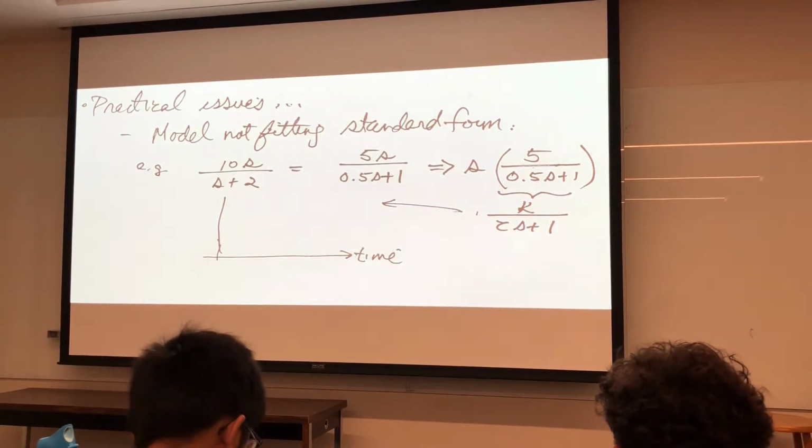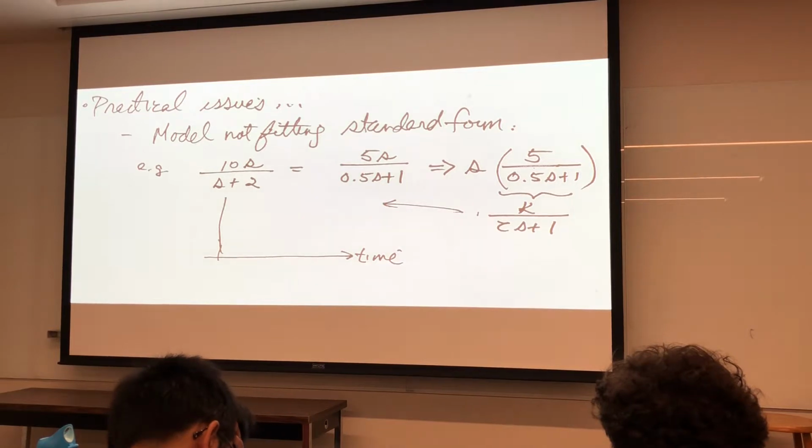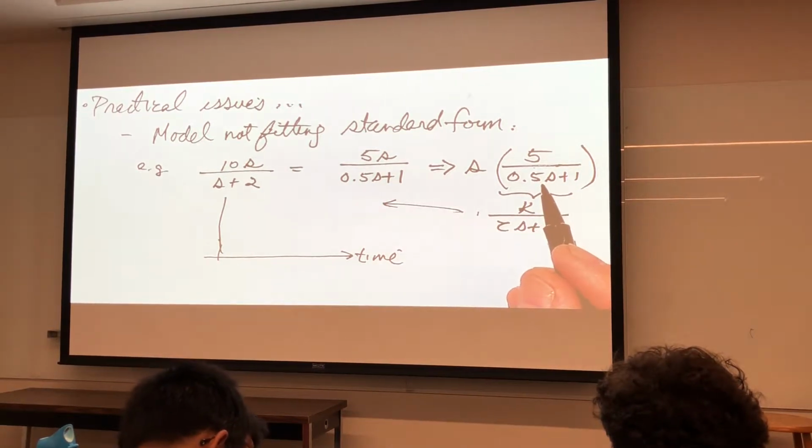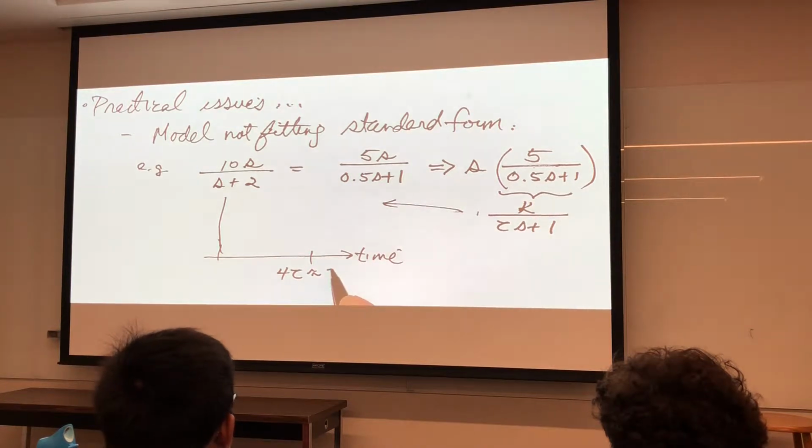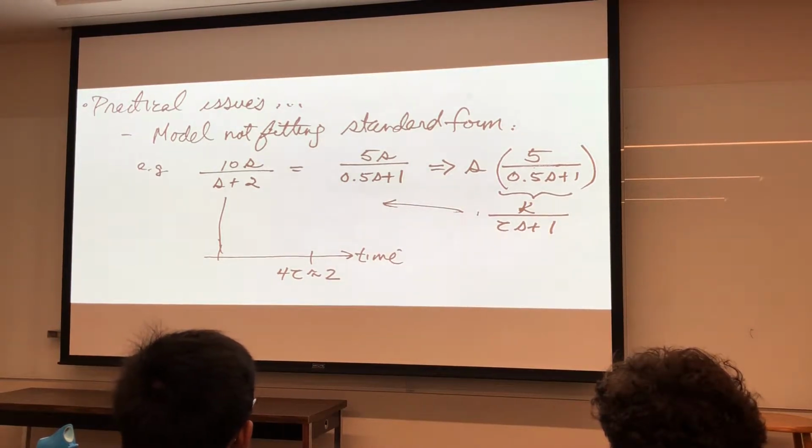Let's review a little bit what we remember about the response of first order systems here. So here the time constant is 1/2. So the settling time is going to be roughly 4 times that time constant. So that'll be 4 tau, which is approximately 2 time units. Okay, so this response will settle in 2 time units.